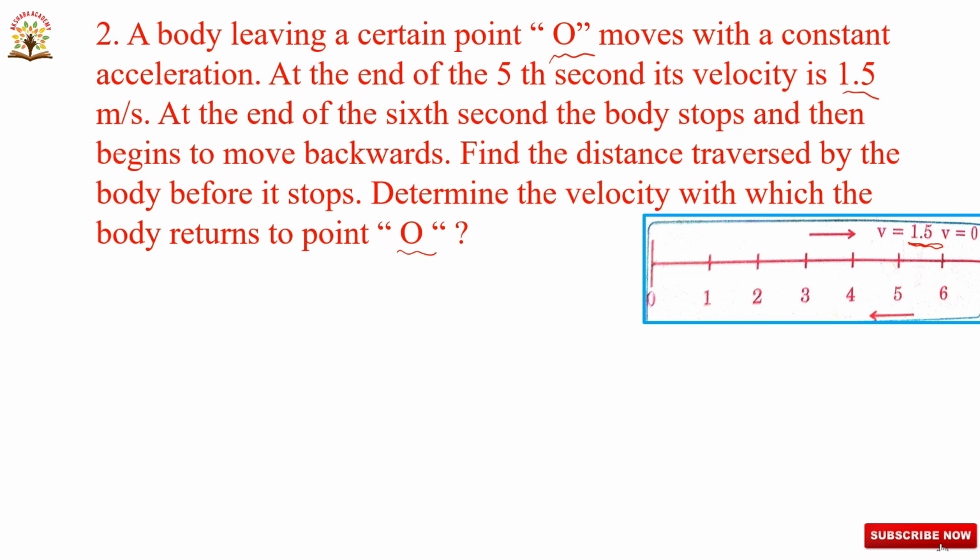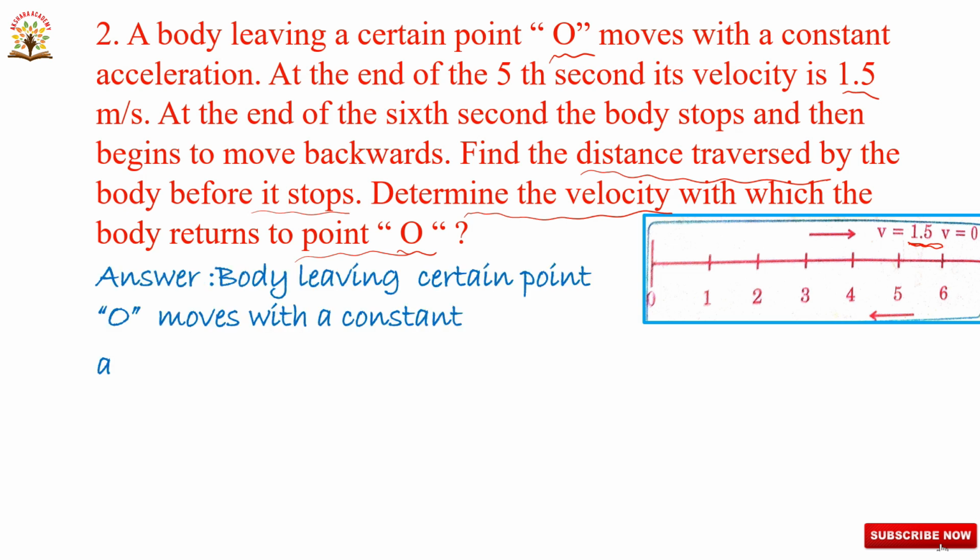At the end of the sixth second the body stops and then begins to move. This arrow mark indicates that the body is moving backwards. So here we have to find the distance traversed by the body before it stops, and again determine the velocity with which the body returns to point O. Now let us discuss the answer.